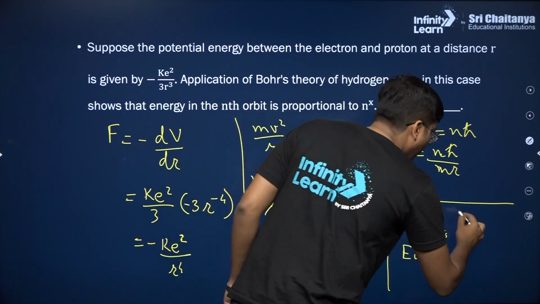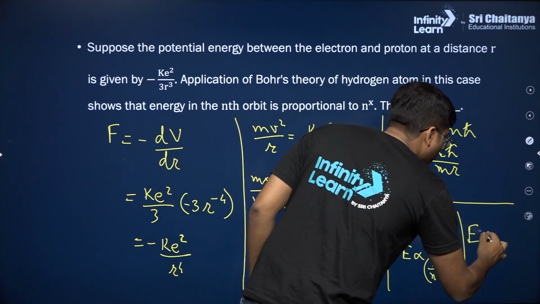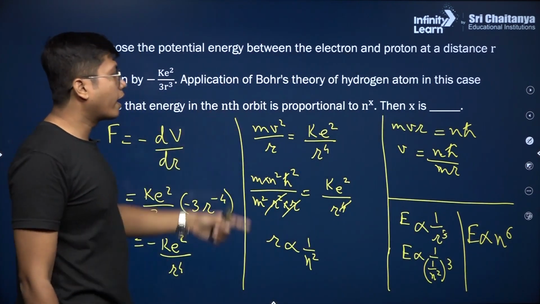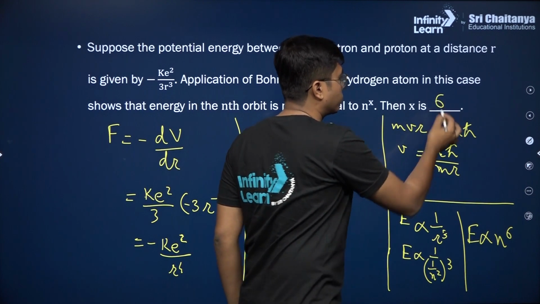So that means that energy is proportional to n to the power 6. So your answer for x here would be 6.